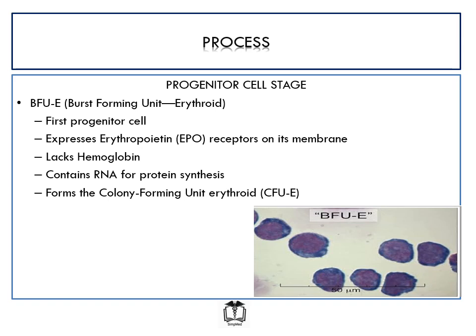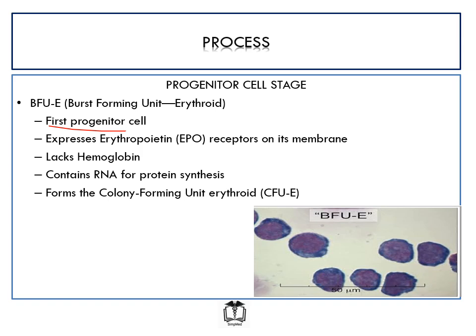So burst forming unit erythroid is the first progenitor cell of the process of erythropoiesis. Although it is not morphologically identifiable, and it can't self-renew, how we tend to identify it is by the presence of some receptors on its membrane. Usually, the burst forming unit erythroid is already committed to the formation of erythrocytes.